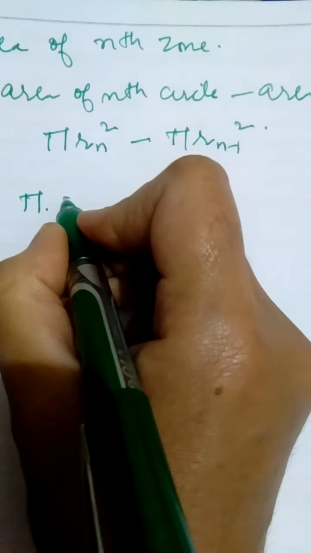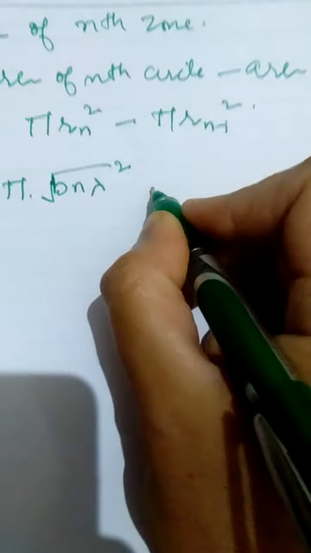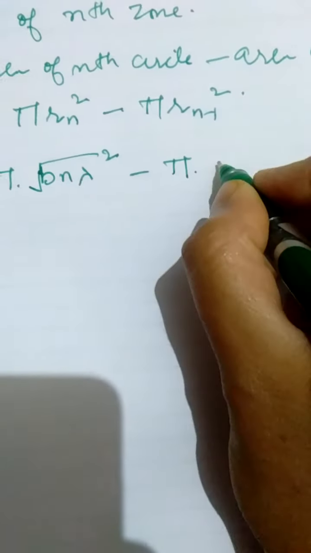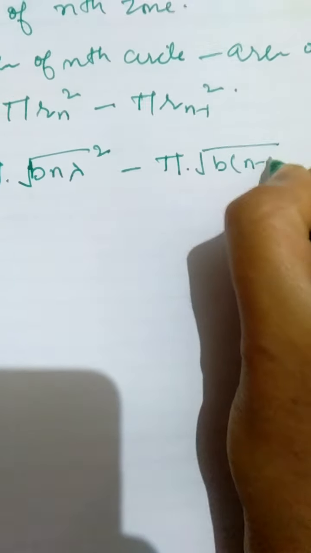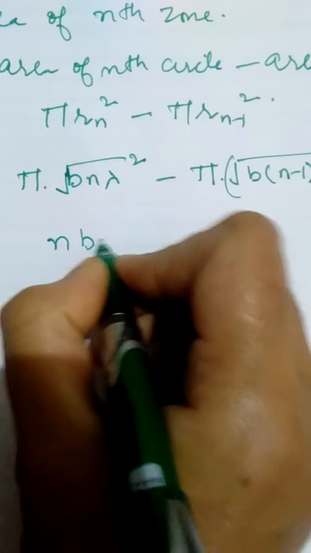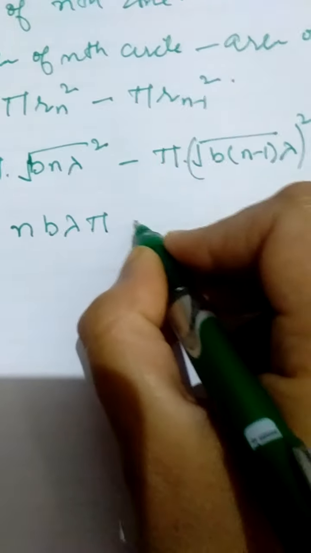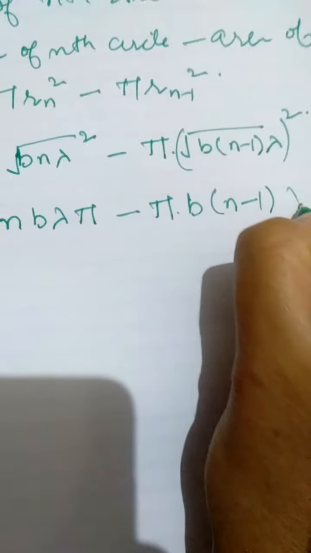So this is pi. What is Rn? We have already found that. Rn is root of b n lambda, and then it is squared. Now this is pi times, what is this? This will be b times n minus 1 times lambda. So this will be simply n b lambda pi minus pi times b (n minus 1) lambda.